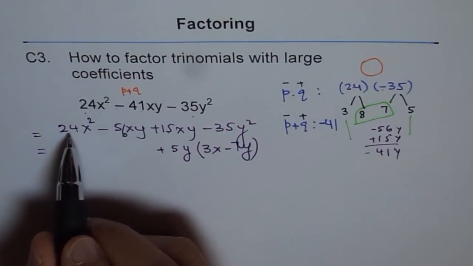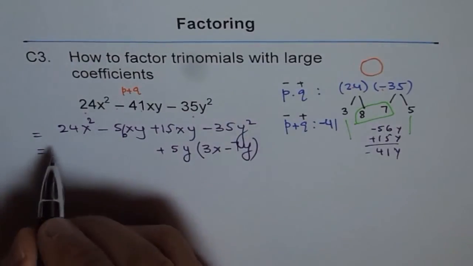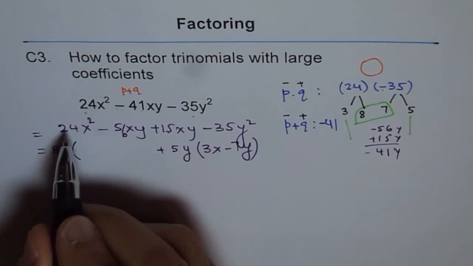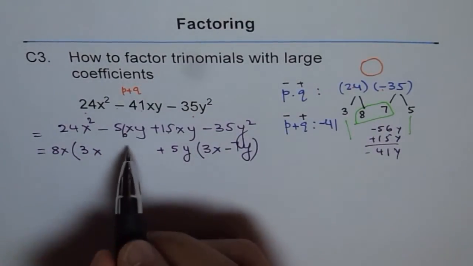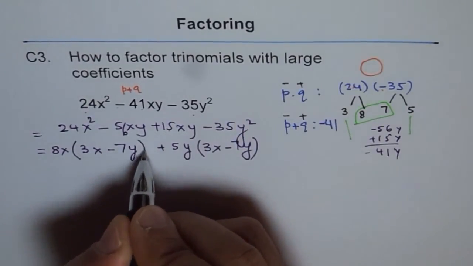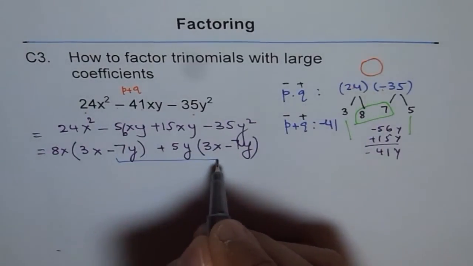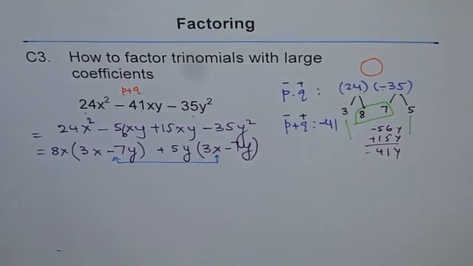So what is 24 divided by 3? It is 8. So 8 should be common. I'll take 8x here and try it out. 8 times 3 is 24, we get 3x. And 8 times 7 is 56, minus 7y, correct? Do you see that? Always you'll get the same result. So I started with the smaller number and figured out the bigger one.